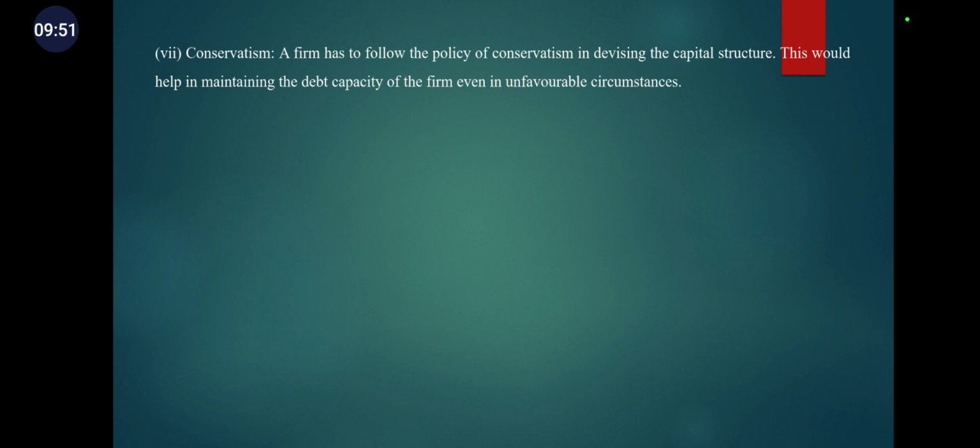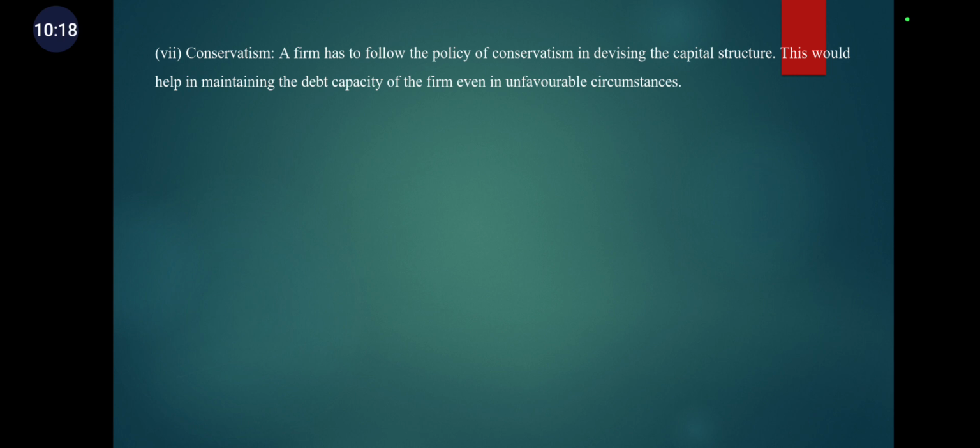And the next is conservatism. Conservatism is like a behavior. Conservatism means they have to look back into the policy they have followed before for the situation, what ideas and what solutions they have taken before.